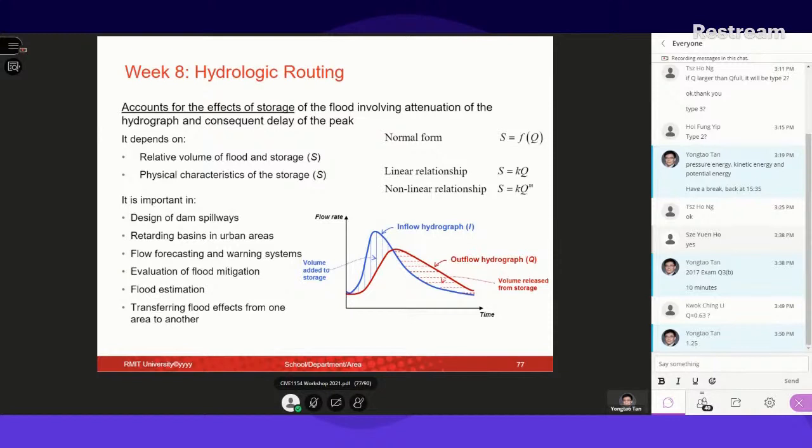It is important in the design of dam spillways, retarding basins in urban areas, and also the forecasting of floods, the evaluation of flood mitigation and flood estimation, and also transferring the flood effect from one area to another.